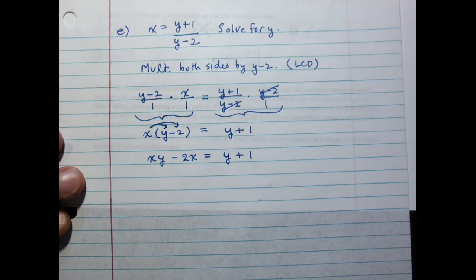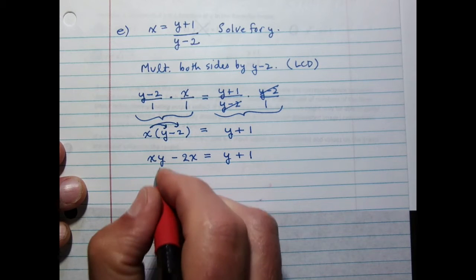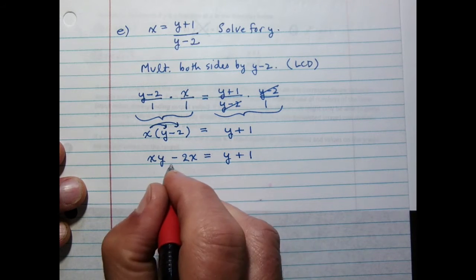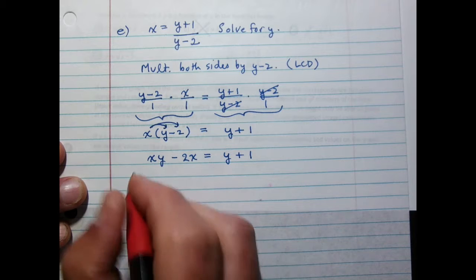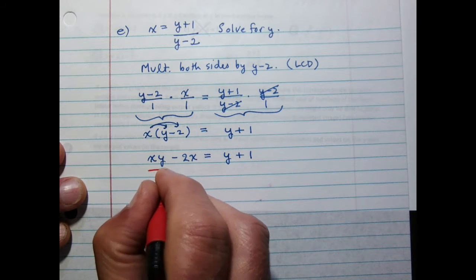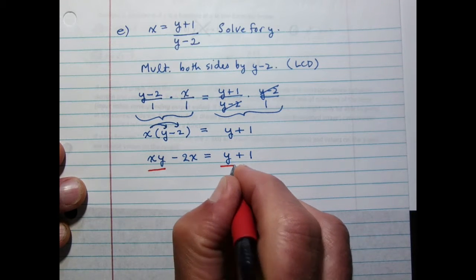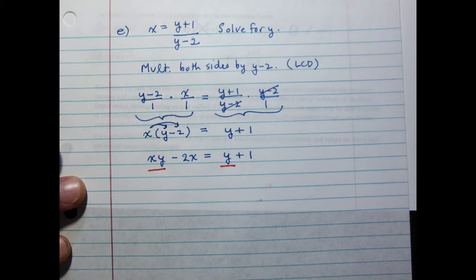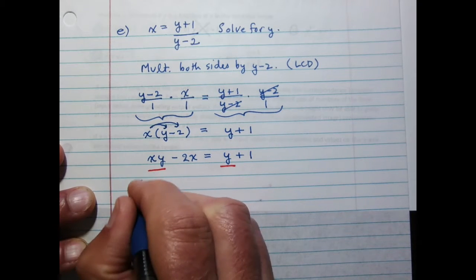Now we're ready to think about how to rewrite this with y occurring just once. What we're going to do is get any terms containing y on the same side of the equation. Here's a term containing y. Here's a term containing y. And we're also going to have to get terms that have no y on the other side of the equation. Let's just write that out.